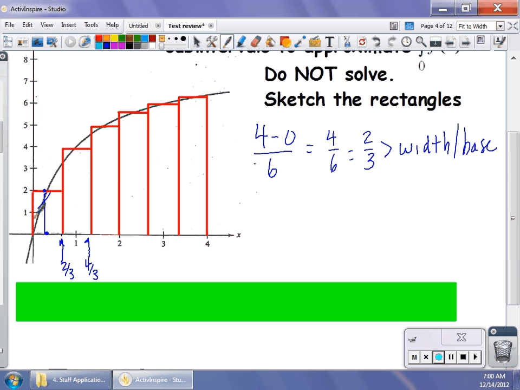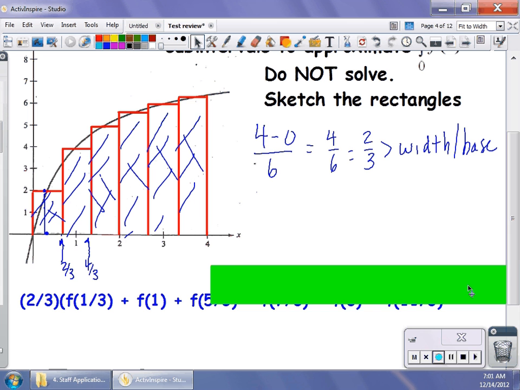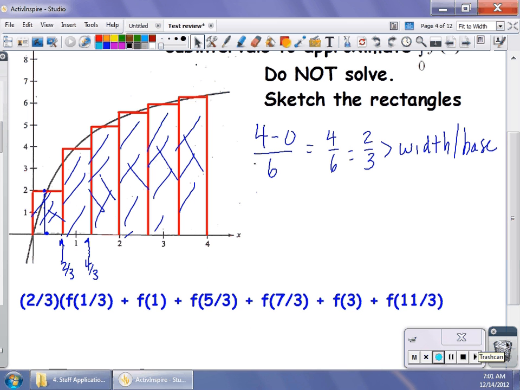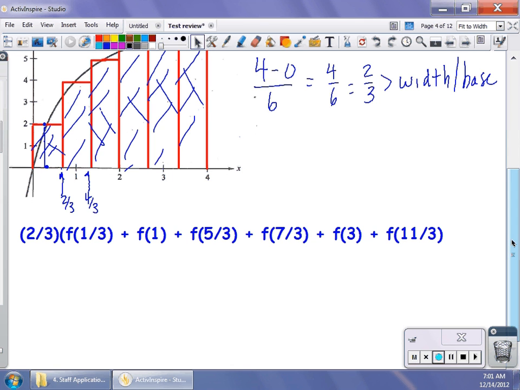Now the next objective would be to actually determine the area of all 6 rectangles as an approximation of the definite integral. In this case, we don't have to worry about any negative area because the graph is completely above the x-axis. All right, so to calculate that area, in this particular case, all of the rectangles have a common width of 2/3.